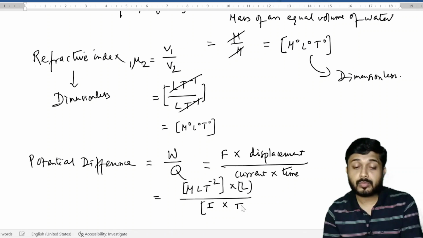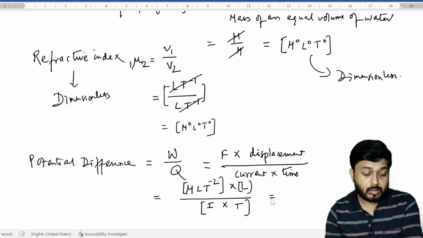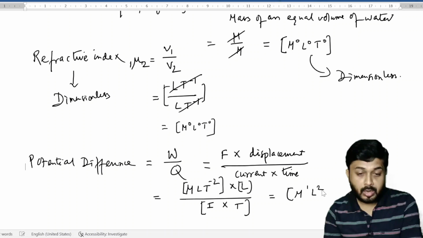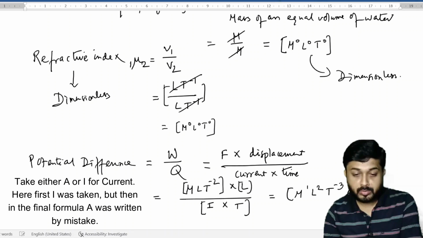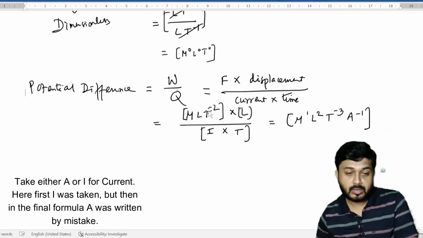So the thing that we are getting ultimately is M to the power 1, L to the power 2, T to the power minus 3, and A to the power minus 1. Isn't it? Yes.